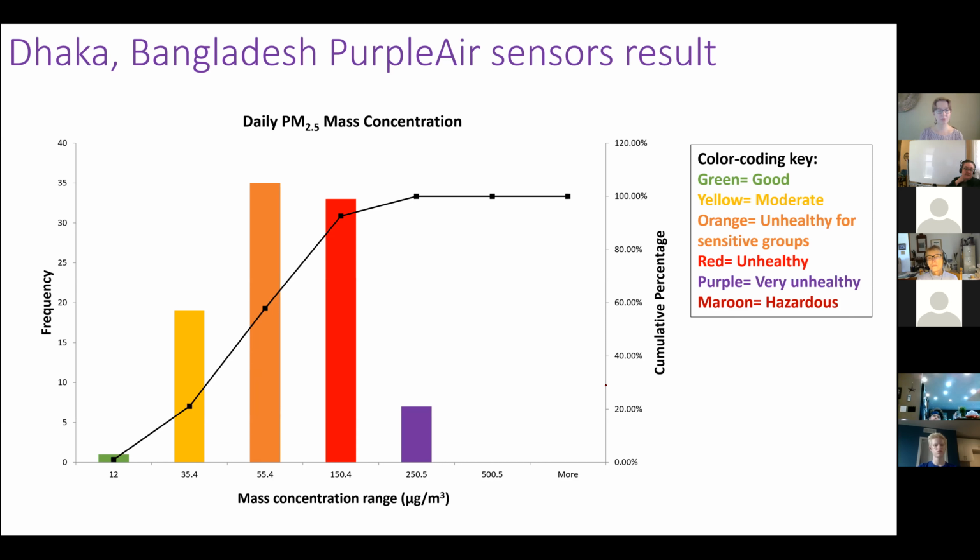The sensitive groups referred to here refer to elderly people, children, and people with health sensitivities to air quality. Additionally, we see that we get up into the category of very unhealthy with our purple coating here. So this data indicates that some work needs to be done to improve the air quality in Dhaka and to reduce the health impacts that people are likely experiencing from these elevated levels.